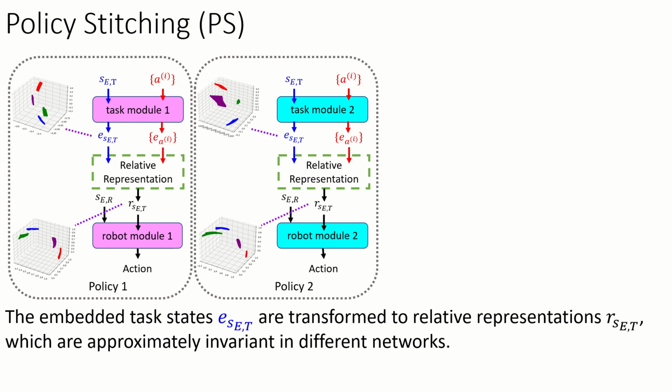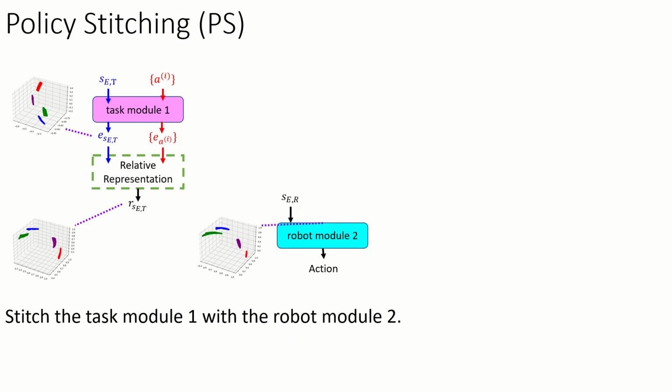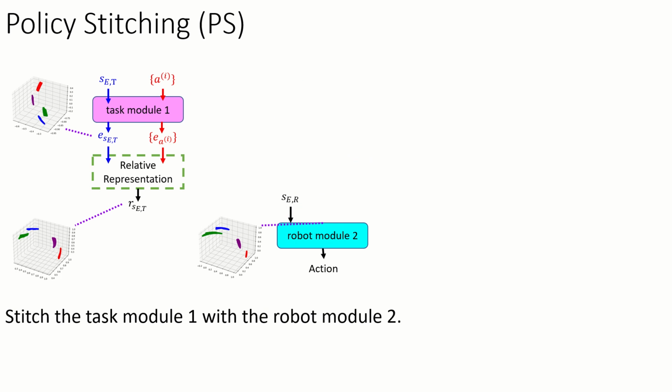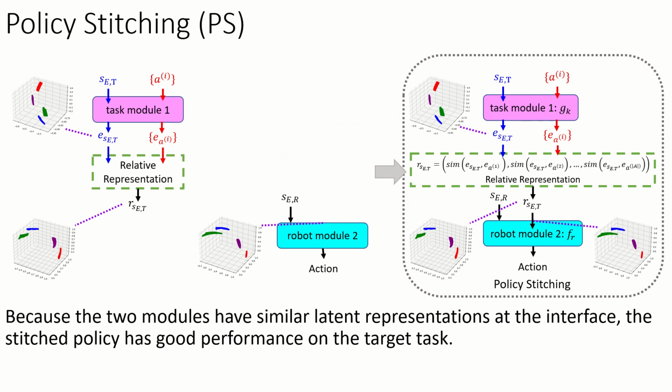To tackle the misalignment issue, we transform the embedded task states to relative representations, which are approximately invariant in different networks. Then we can stitch the task module 1 with the robot module 2. Because the two modules have similar latent representations at the interface, the stitched policy has good performance on the target task.